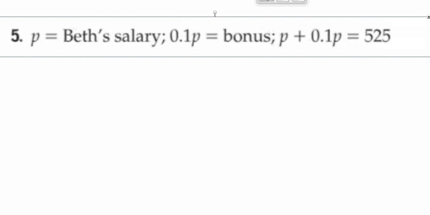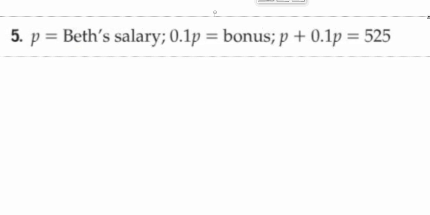Okay, so example 5, we're given this information. P equals Beth's salary, 0.1p equals bonus, then P plus 0.1p equals 525. This is actually talking about salary, which is the amount of money a person earns from a job. So let's say this is a yearly salary, and that would be P. 0.1p is actually equal to 10% of that salary.